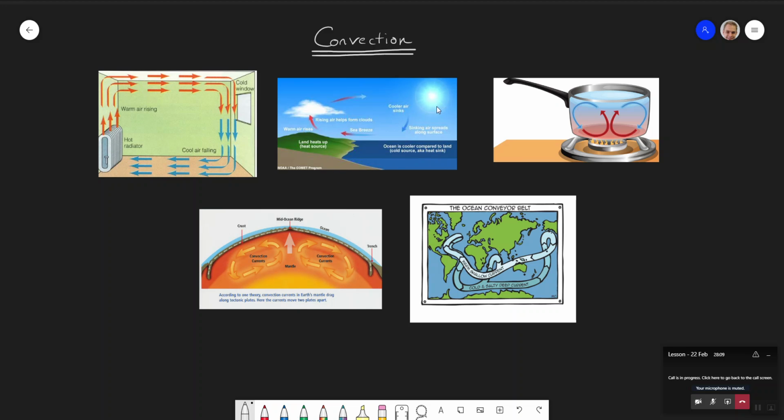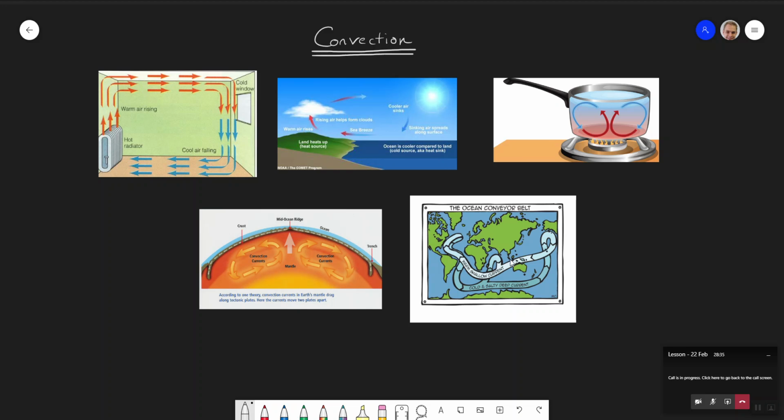We've got the reason for weather patterns, so the reason for sea breezes, when you've got the difference between land and the ocean. You've got the heating of water inside a saucepan or a kettle, if you wish. We've got the convection currents in the mantle, which distribute energy from the core out to the surface, the crust of the Earth.